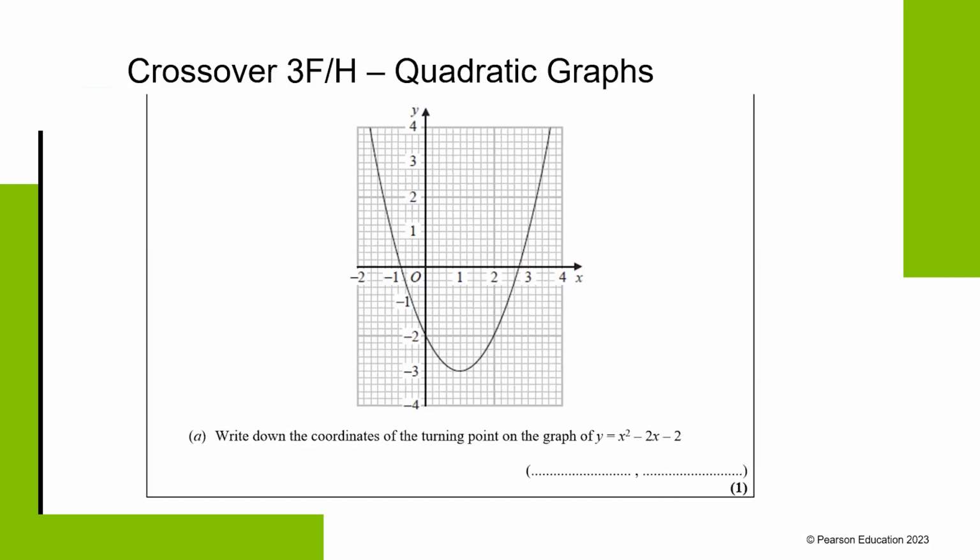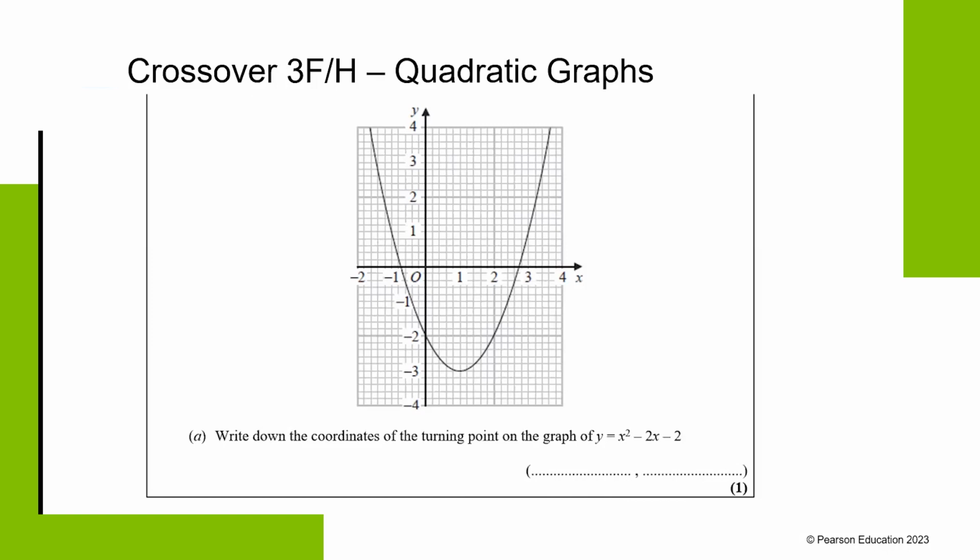Now, this was a 50-50 successfully answered question. The foundation students either got it or they didn't. And it literally was 49% of foundation tier students got 0 marks and 51% got the 1 mark. But the interesting point here, and the painful note to pick up, is that they did notice where the turning point was.